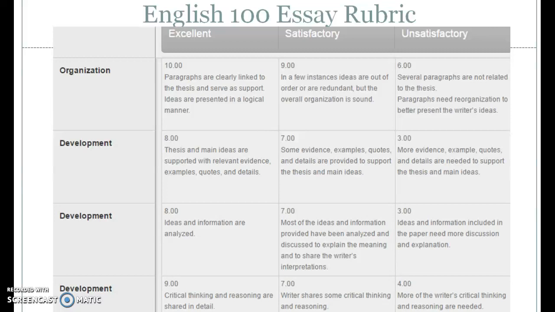Have you explained how all of these pieces are then connected back to your main idea of that body paragraph, but then also to your thesis statement? And then finally, I'm looking to see that have you fully explained and shared all of your critical thinking and all of your reasoning? So I'm looking for full disclosure of your ideas.